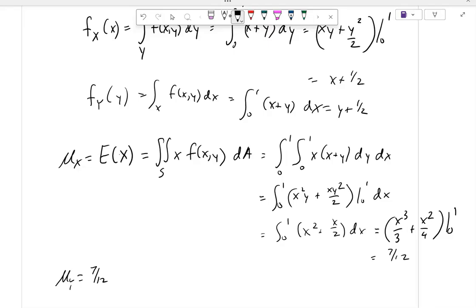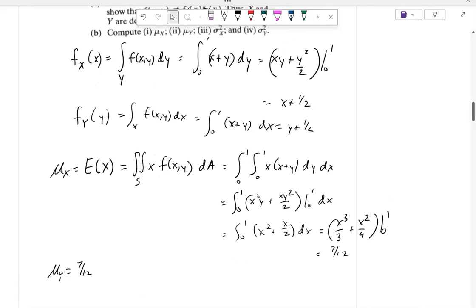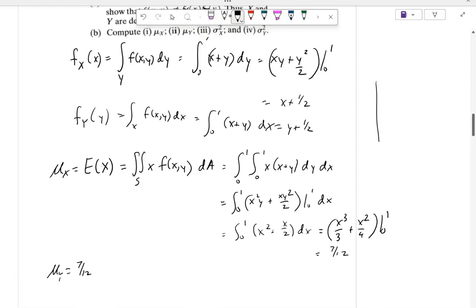To connect this to physical ideas, if you will, this would be your sample space, right? If everything were uniform, what would your means be? If we were uniform in the x direction and the y direction, where would your means be?